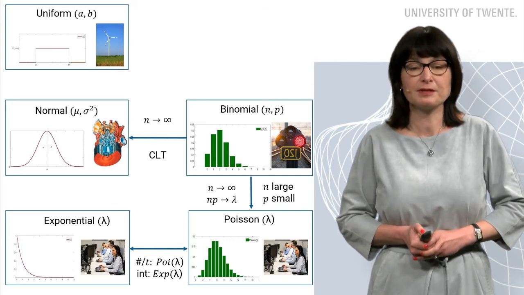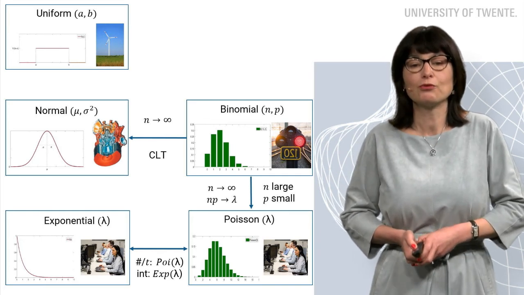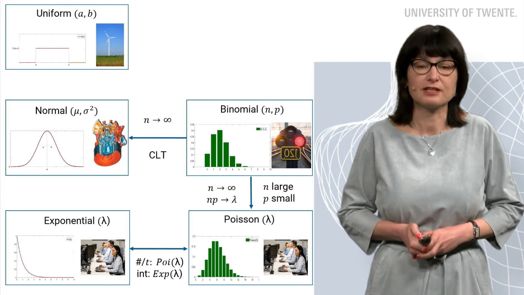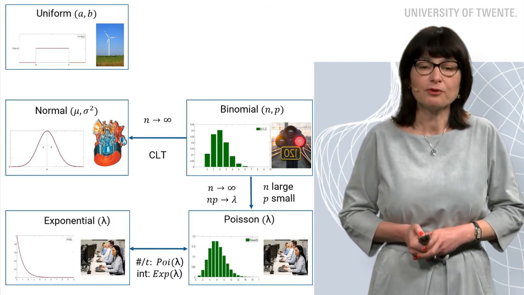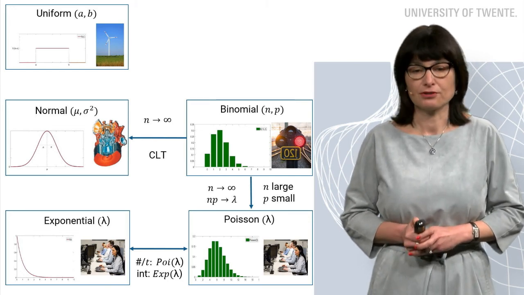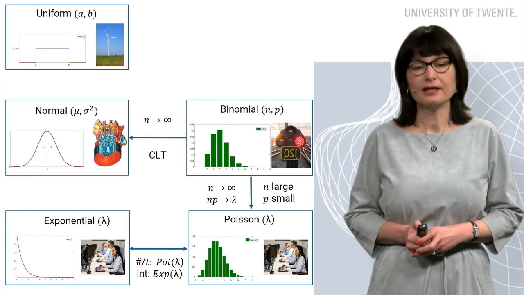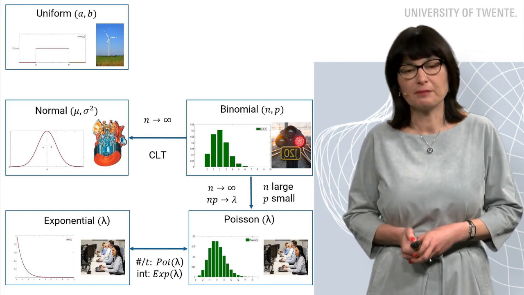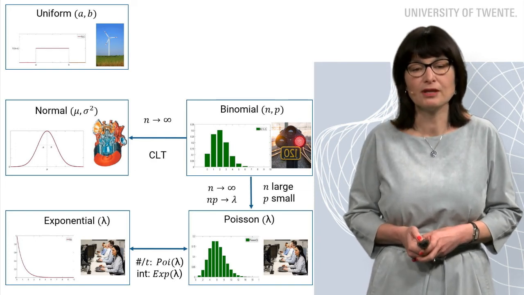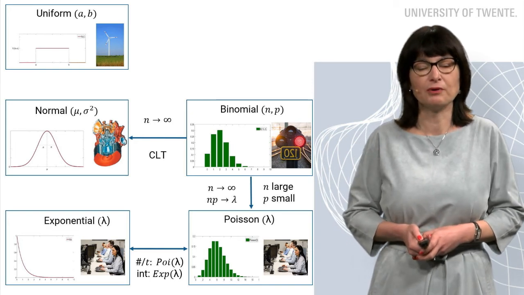And remember, experiments here are independent. So we can apply the central limit theorem to the 0, 1 values, success or failure, and then we obtain the normal distribution in the limit. That explains the normal approximation to binomial with large n, not large p, large n. Now, people may ask, well, we have binomial approximated by Poisson, and binomial also approximated by normal, but which one, and when can we say that p is small?